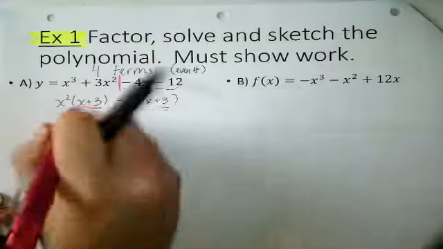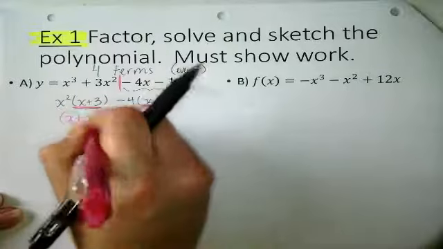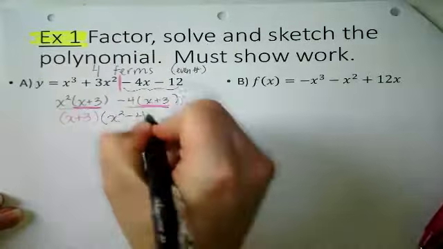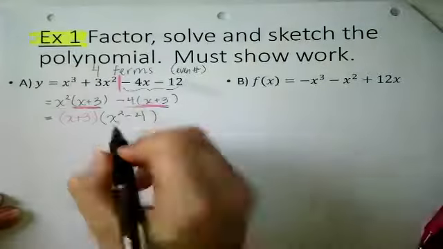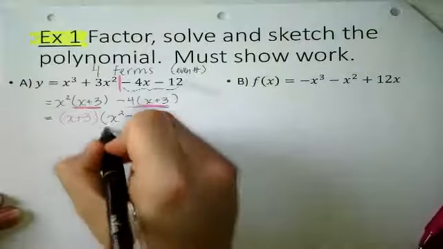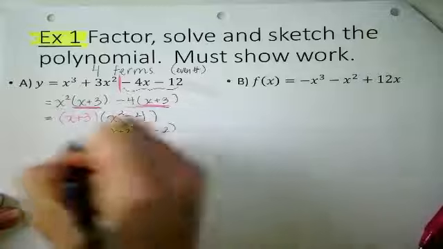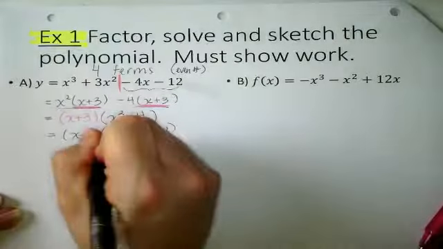So once again, they both have this x plus 3 term, and it leaves behind x squared minus 4. Well, x squared minus 4, double bubbles, that's difference of squares. And so we get x plus 2 and x minus 2. And this is completely factored.